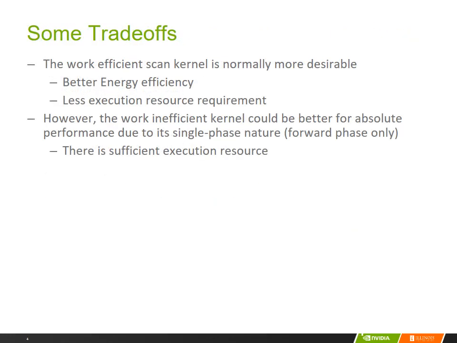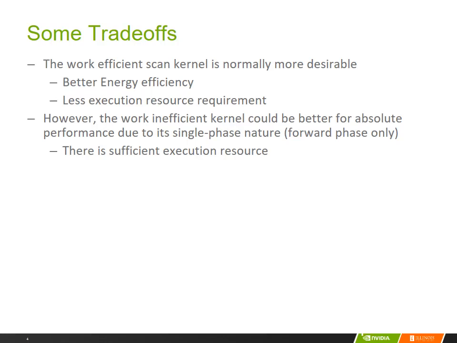When we compare the work-inefficient kernel with the work-efficient kernel, we see an important trade-off. The work-efficient scan kernel is normally more desirable because it performs fewer operations. So fundamentally, it should have better energy efficiency, and it also has less execution resource requirement. So it's less likely the work-efficient kernel will have a slowdown when we have limited compute resources.